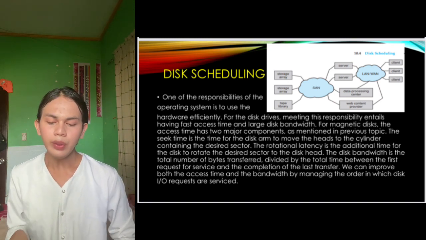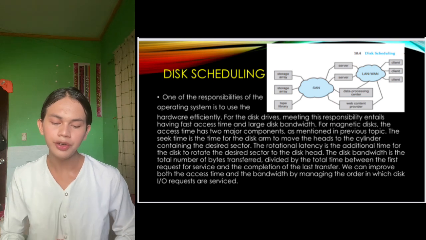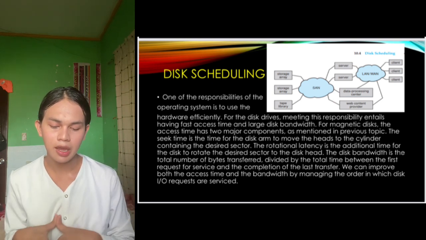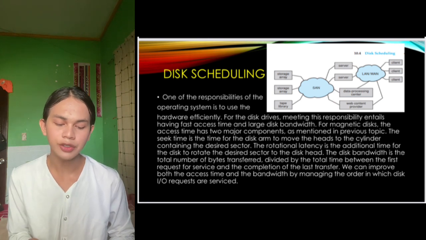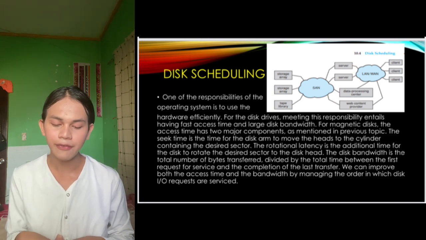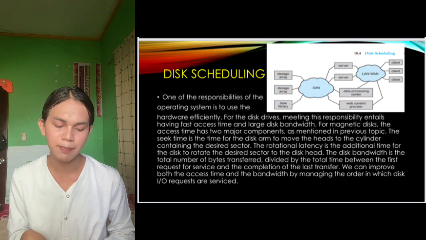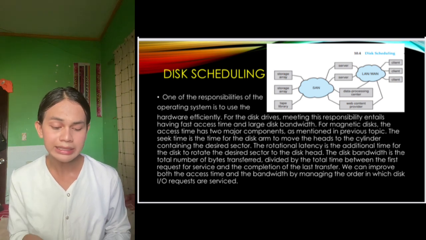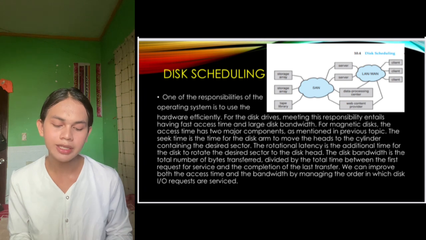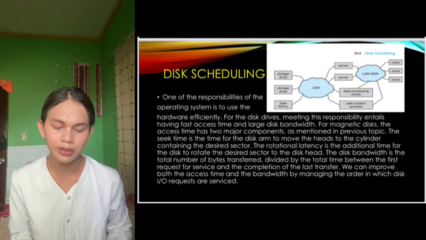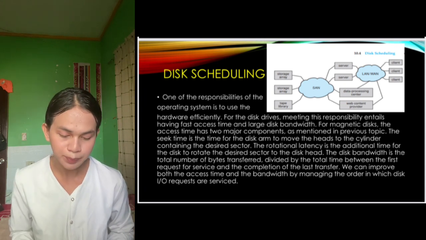So when we say disk scheduling, one of the responsibilities of the operating system is to use the hardware efficiently. For the disk drive, meeting this responsibility entails having fast access time and large disk bandwidth. For magnetic disk, the access time has two major components. As mentioned in the previous topics, the seek time is the time for the disk arm to move the heads to the cylinder containing the desired sector.